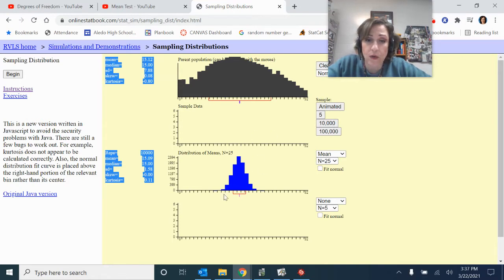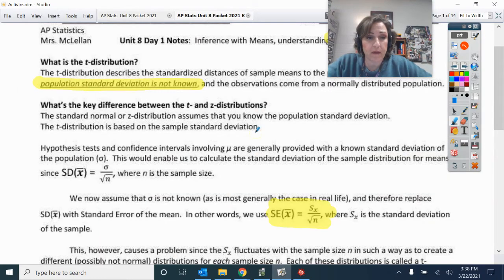These were individual X's in the population, X bars in the sampling distribution of samples. So we want to continue to keep population and sampling distribution straight, because we're going to see all of those things come back. All right. So that was kind of a review of what's going on with that.